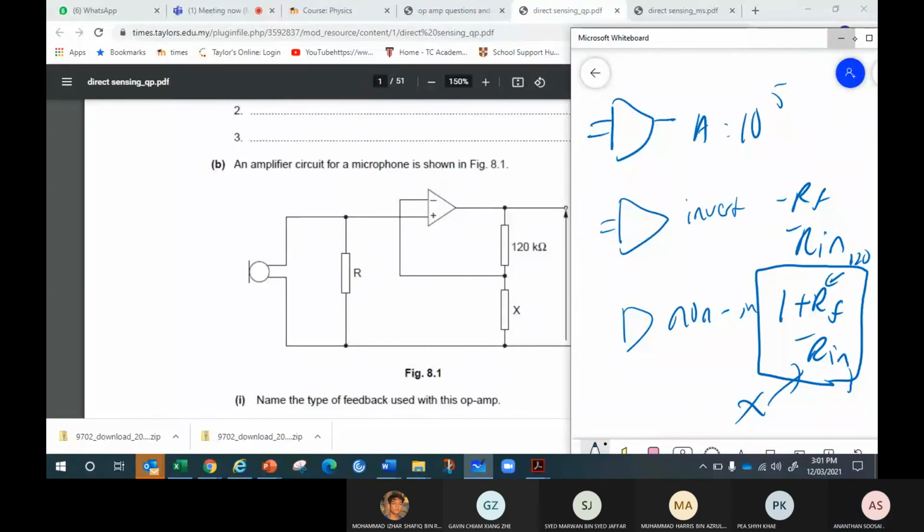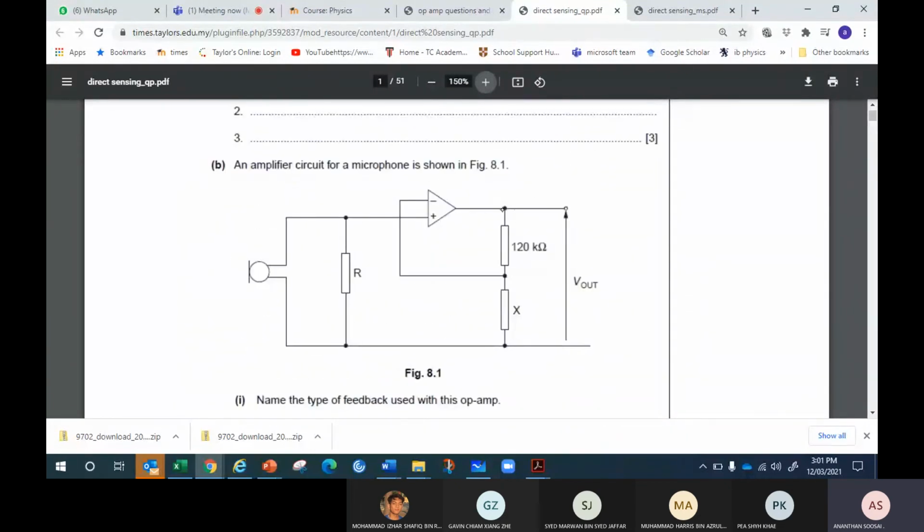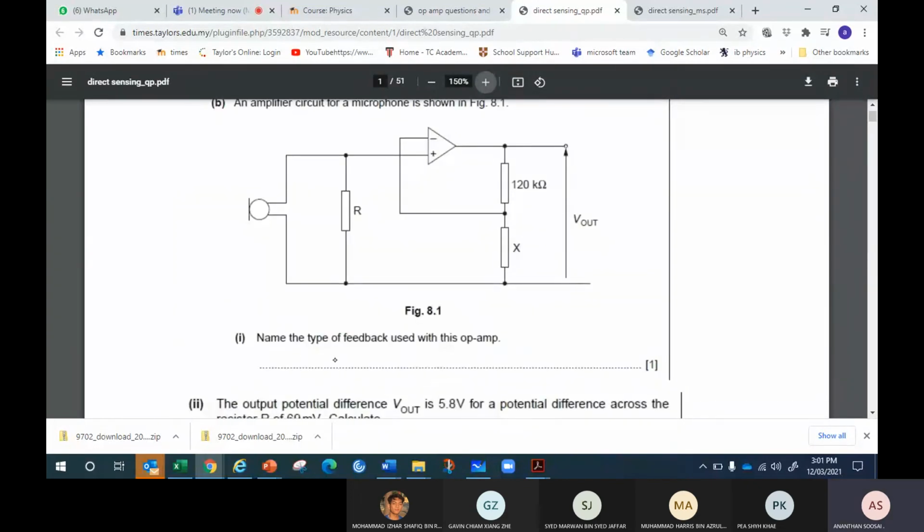So first, name the type of feedback used in this op-amp. What type of feedback is this? This feedback goes to the negative input, so this is negative feedback. The type of feedback is negative feedback.